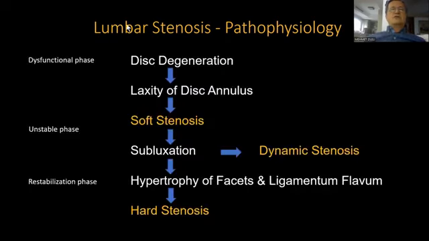So in stenotic patients, there is a soft stenosis phase, which comes mostly from the disc herniation, partial disc herniation, and then the subluxation and a dynamic stenosis, and then a hard stenosis because of hypertrophy of facets and ligamentum flavum.